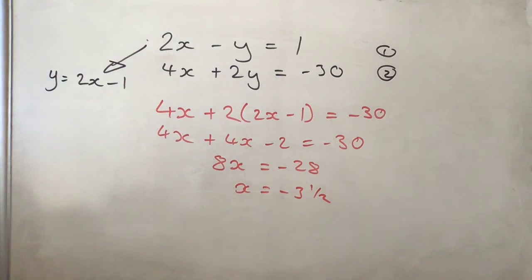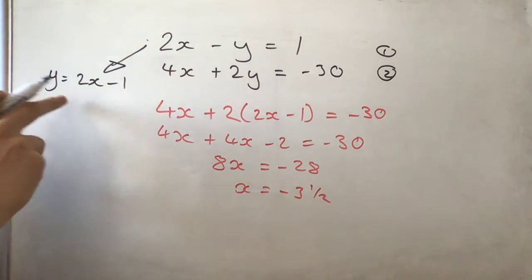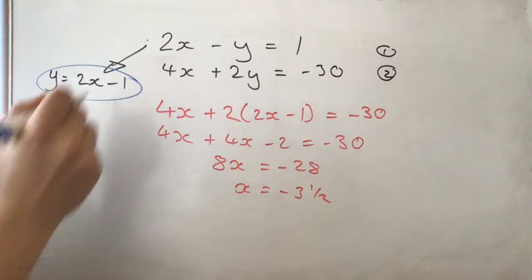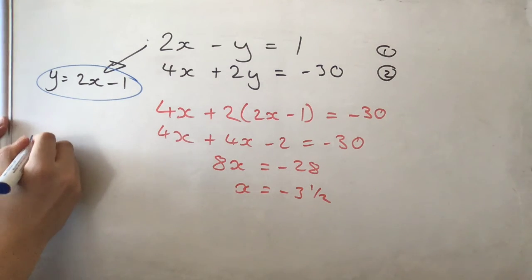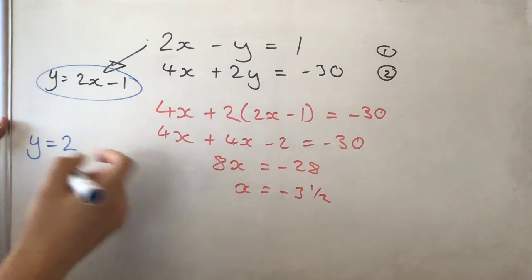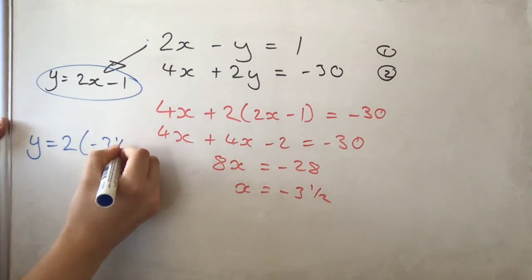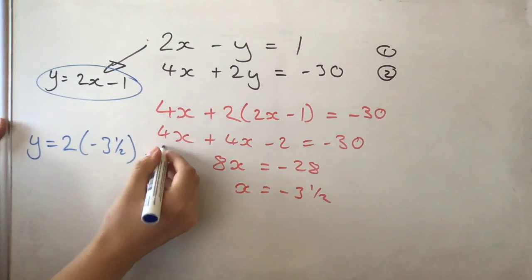Again, we can substitute this value into equation 1 in order to find the value of y. Okay, so let's do that now. Let's use this one here. It's the same equation, it's just easier to use because we want to find the value of y anyway. So y equals 2 times negative 3.5 minus 1.